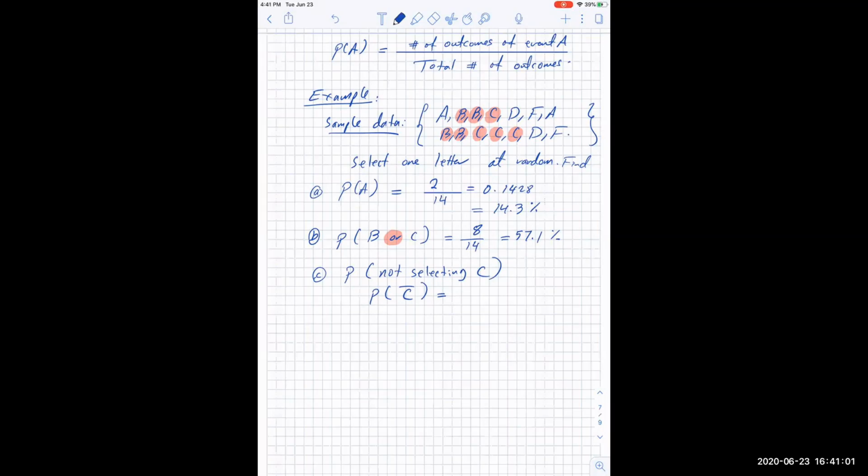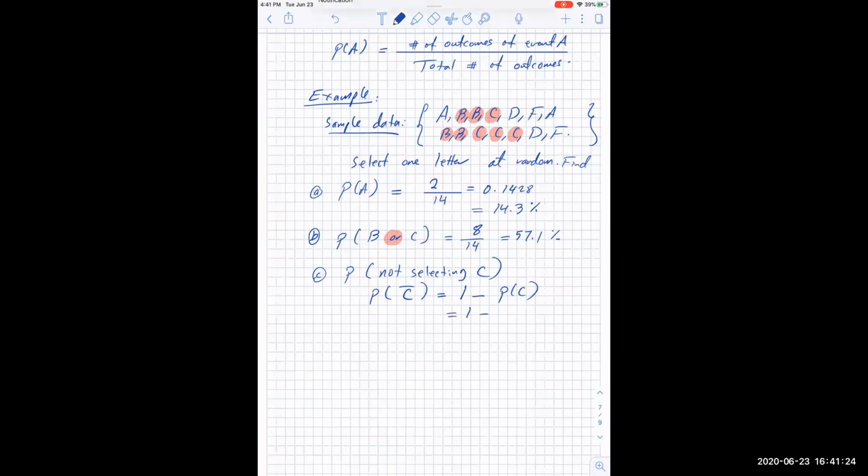What if I want to find the probability of this event of selecting a letter, but that letter is not C? What do I do? I say 1 minus the probability of C. I'm finding the complement. And what is the probability of C?